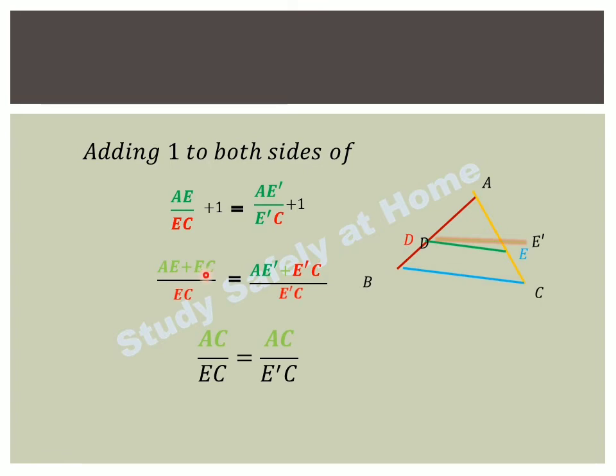Observe, AE plus EC is equal to AC, isn't it? And AE dash plus E dash C also is equal to AC. Then we can cancel AC and AC as both are in the numerator. It implies that EC is equal to E dash C.